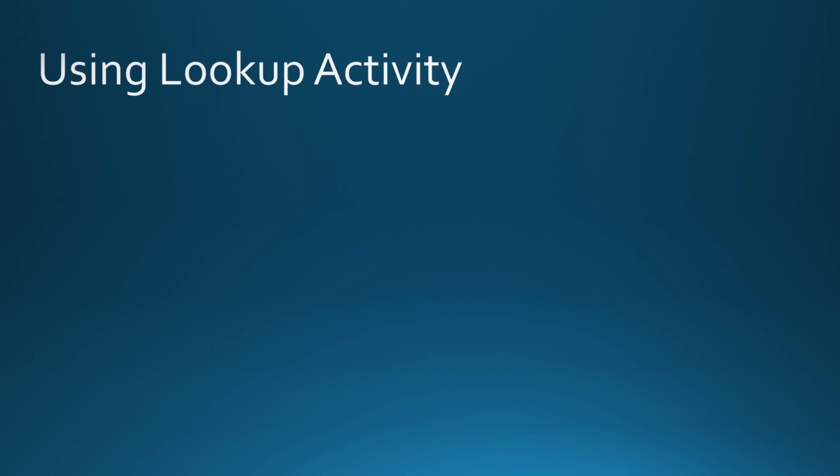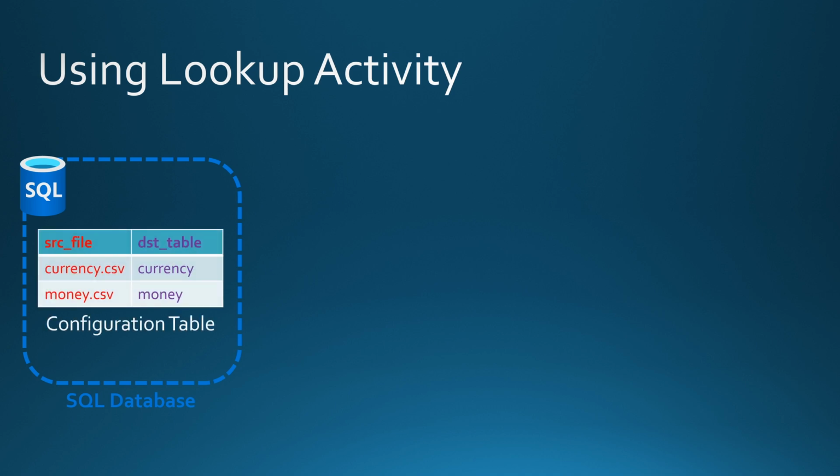Now let's take a look at how the inputs and outputs work with the lookup activity. In this example, let's have a SQL database, and in that database, let's have a configuration table with two columns, source file and destination table. On our first row, the source file is currency.csv, and the destination table is currency.